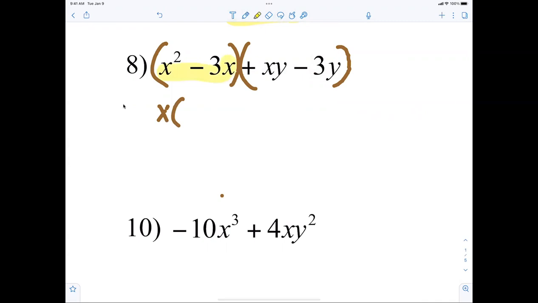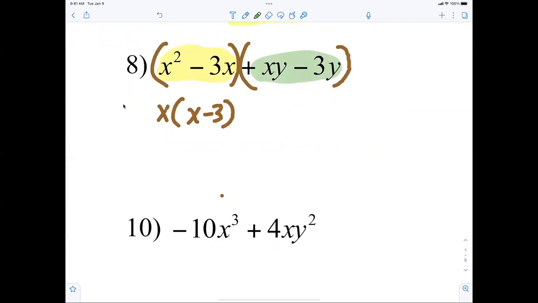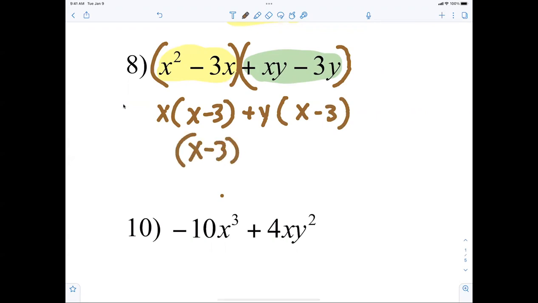I'm factoring from here an x. X minus 3. All right, what is common over here? A y, positive y. What's left behind? X minus 3. What's common? X minus 3, and then x plus 1.